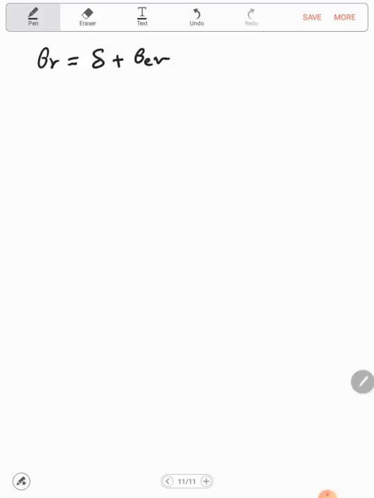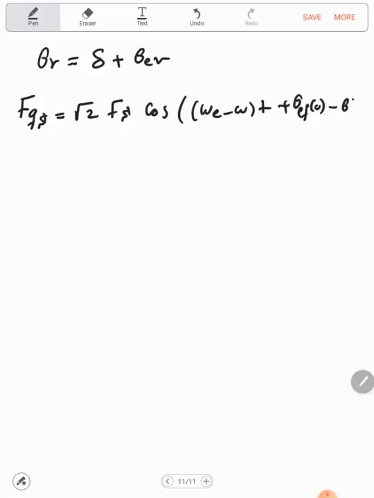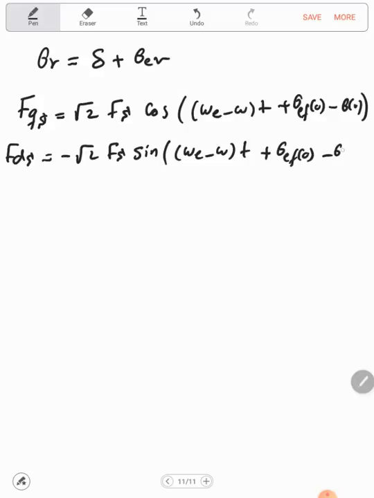Simply here, we have F_qs equal to square root of 2 F_s cosine of (omega_e minus omega) t plus theta_ef of 0 minus theta of 0, and F_ds equal to minus square root of 2 F_s sine of (omega_e minus omega) t plus theta_ef of 0 minus theta of 0.